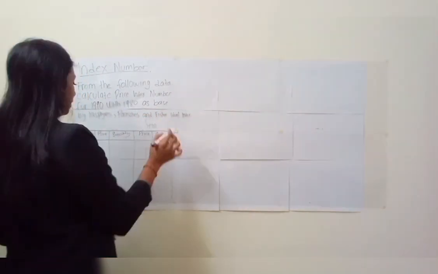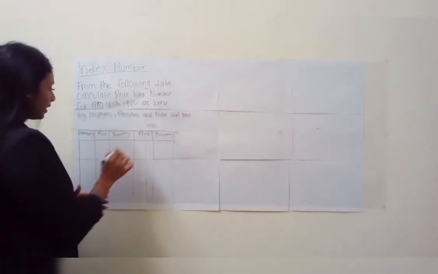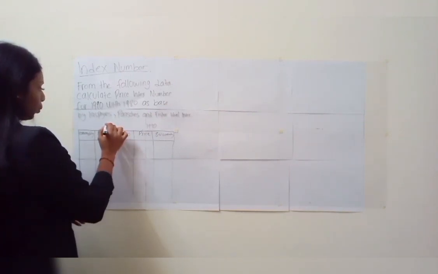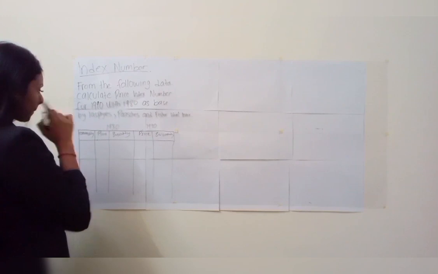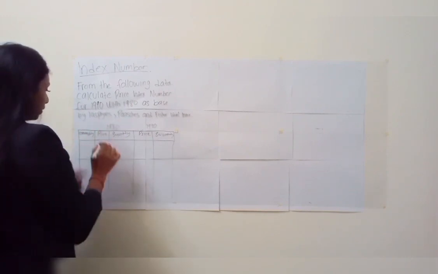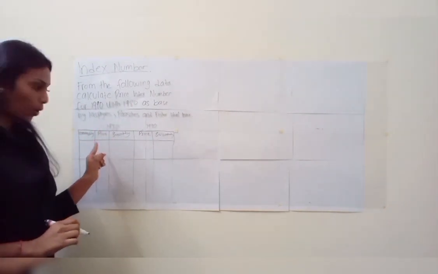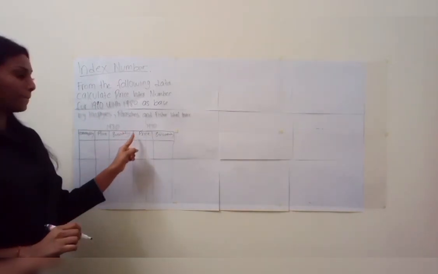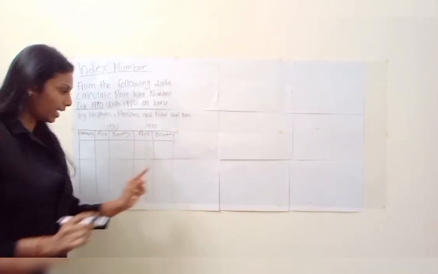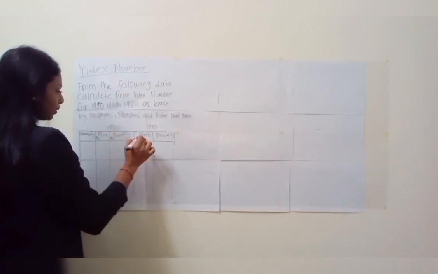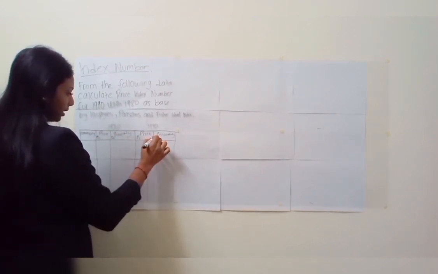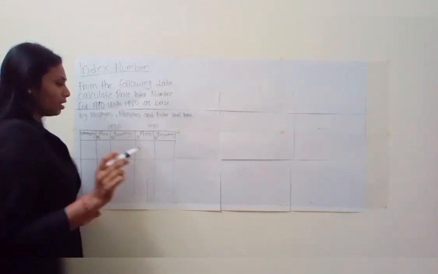Okay, this is the current year. Base year is 1980. So this is PO, QO, P1, Q1.